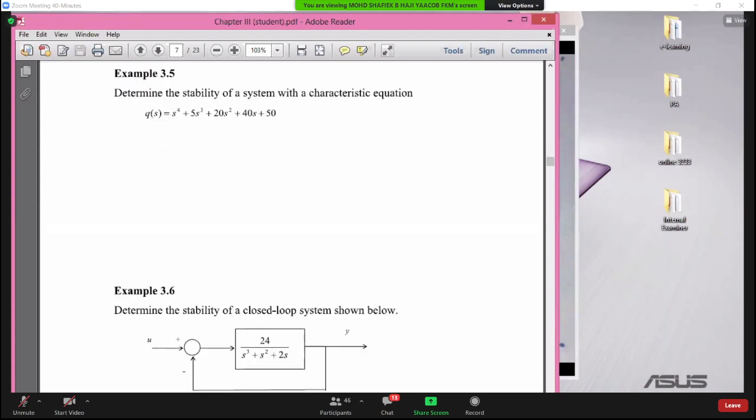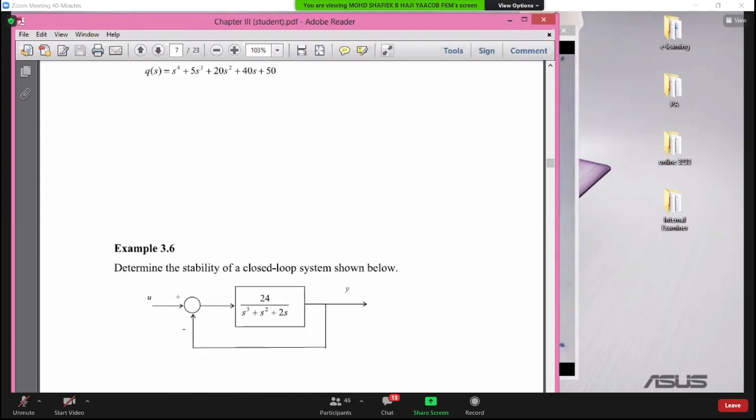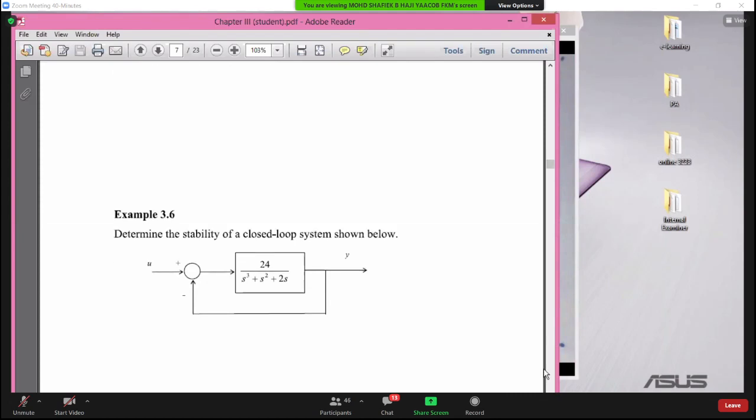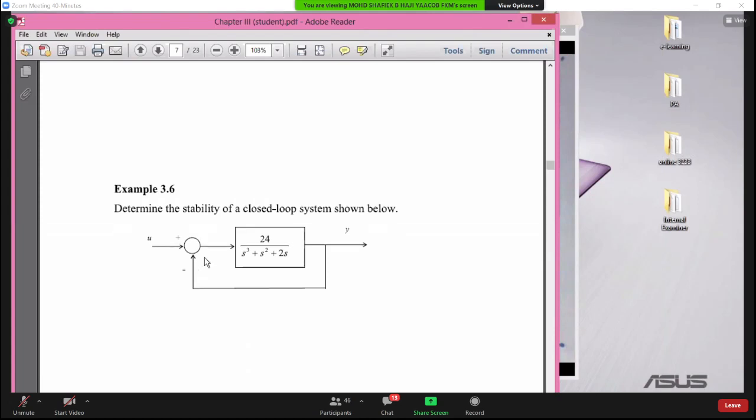Now, example 3.6. Determine the stability of the closed loop system shown below. So this is where you are going to make a mistake on your test. You say, okay, this is easy, I can do this.